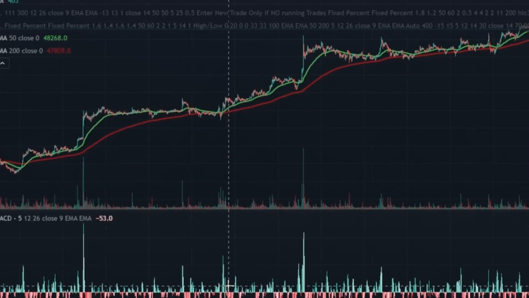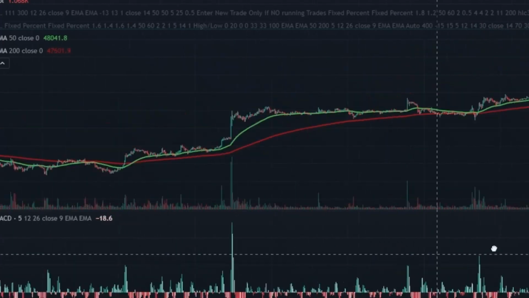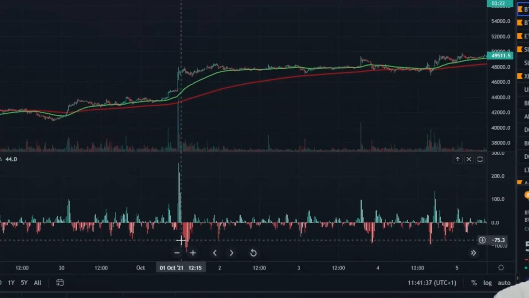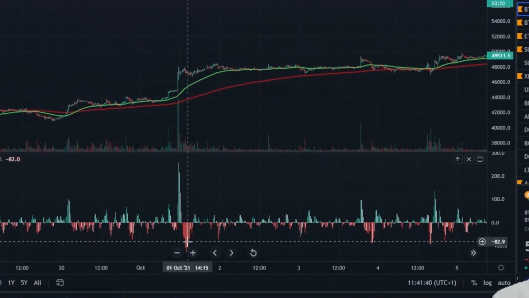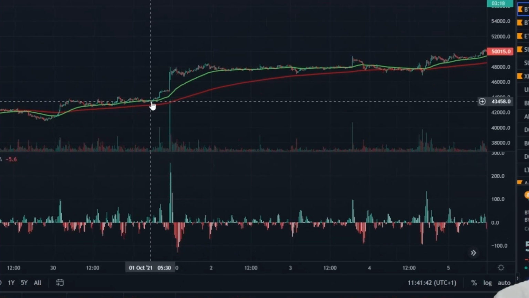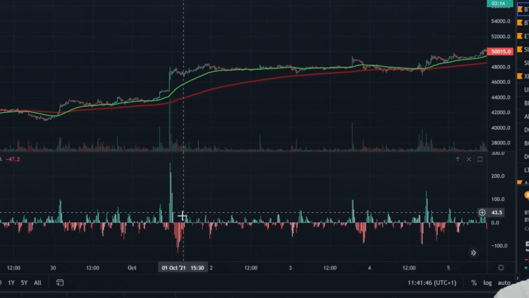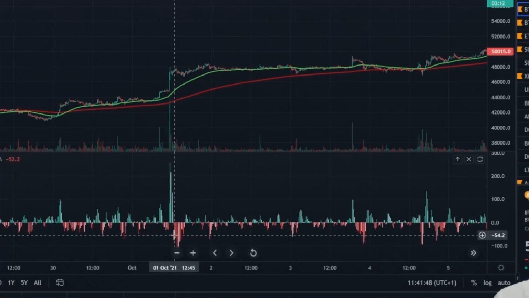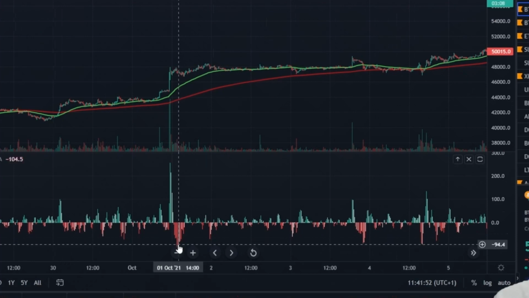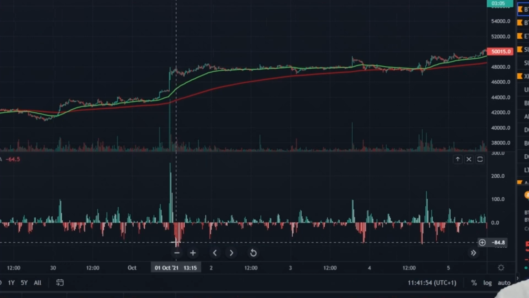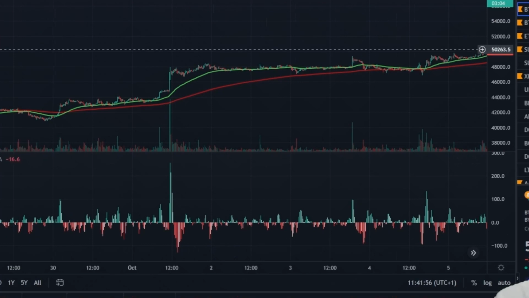So we're waiting for the MACD to go into the red, and we're looking for higher than average candles here. For instance, if we were getting in at this point, the green would be over the red, and we're waiting for this red area to either start coming back down or for a higher candle than average. So this would have been a great entry.